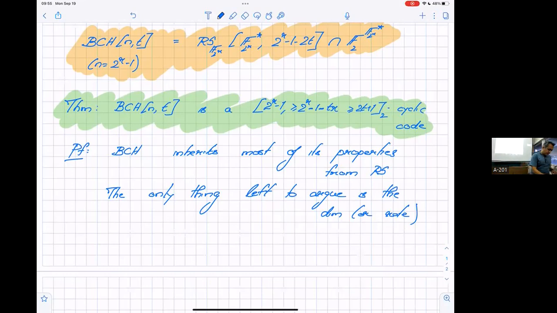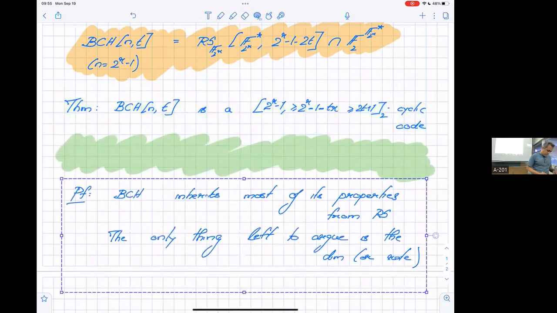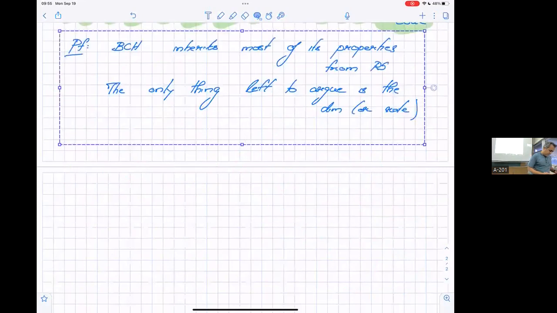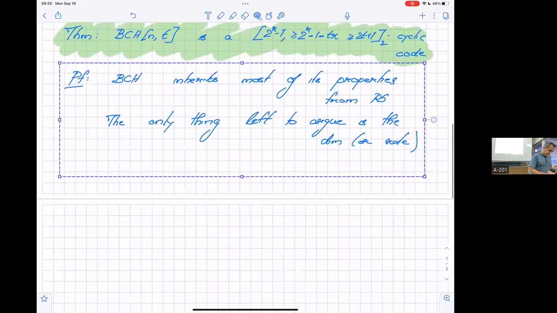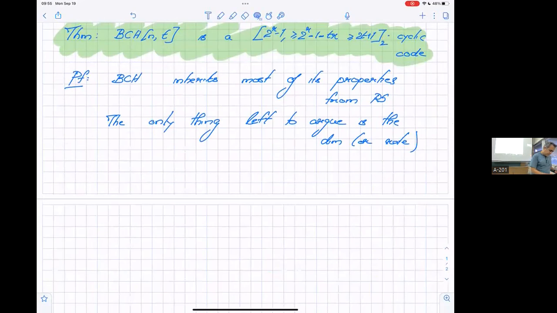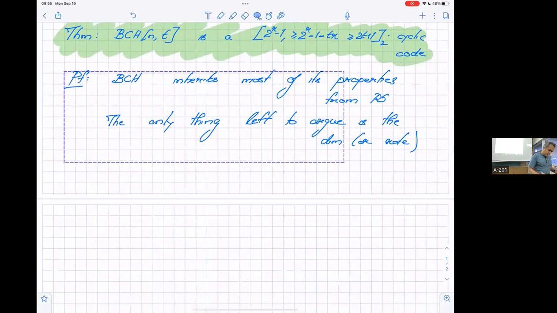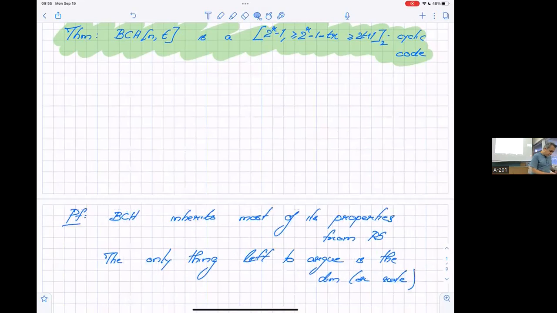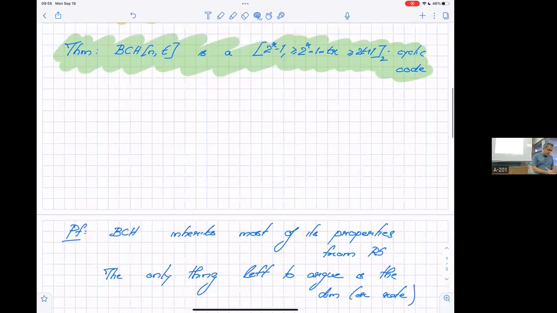So let's put this down, and even before going to the theorem, let's stare at the theorem statement. Let's look at what's the size of the BCH code.